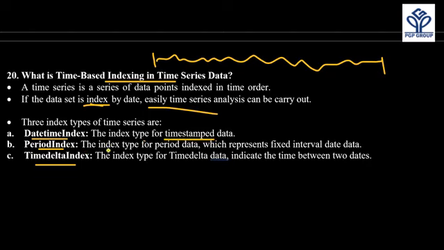Period index is a time index for a particular period, for a week or for a month. Time delta index indicates the time between two dates, the time gap between two dates. You can use any of these indexing techniques and search the data very quickly in your time series data set.